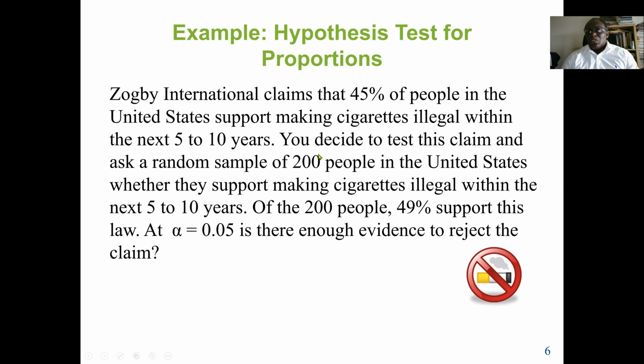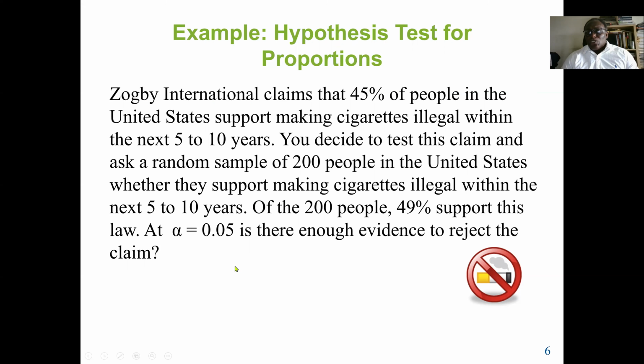So we ask a random sample of 200 people in the United States whether they support making cigarettes illegal within the next 5 to 10 years. Of the 200 people, 49% support this law.